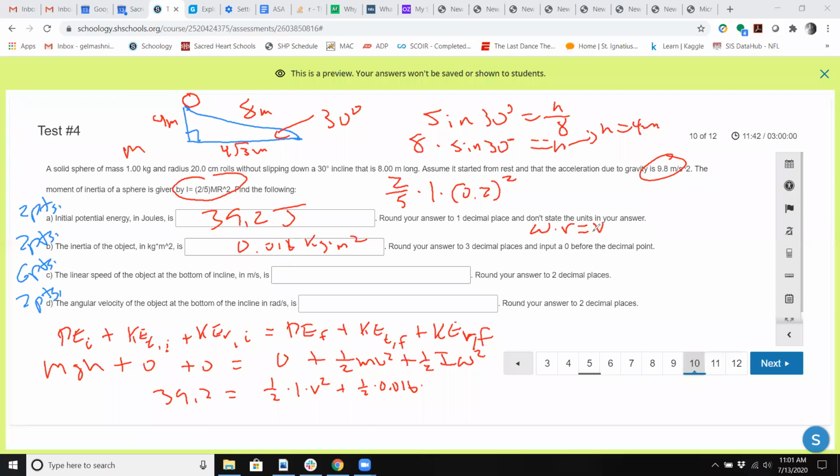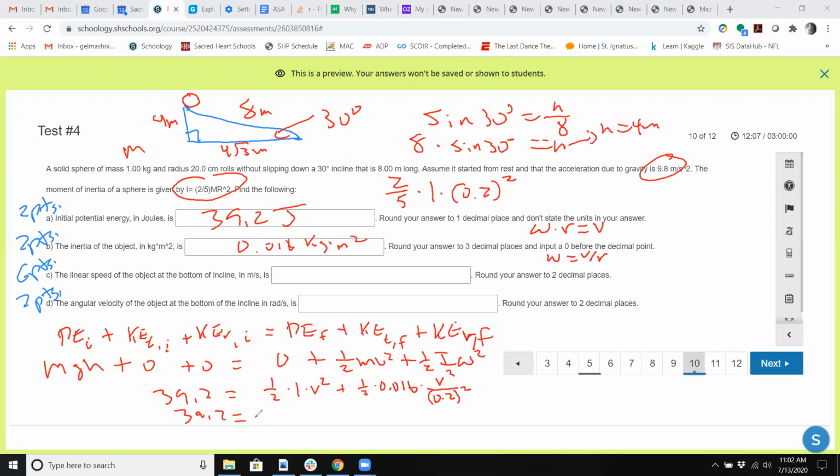Omega times r equals v. So omega is going to be v over r, and our r is 0.2, so that's going to be v squared over 0.2 squared.